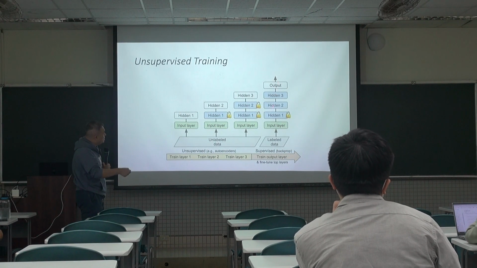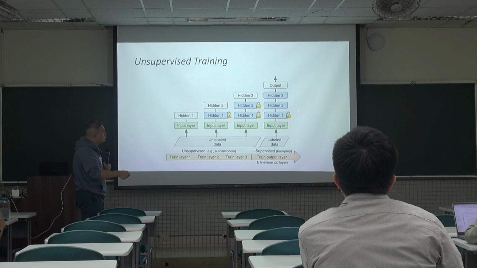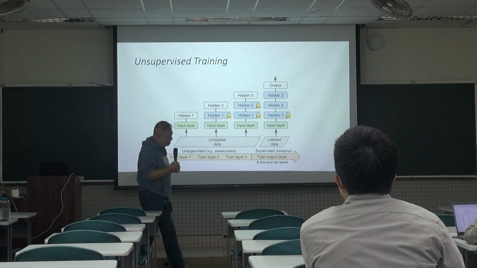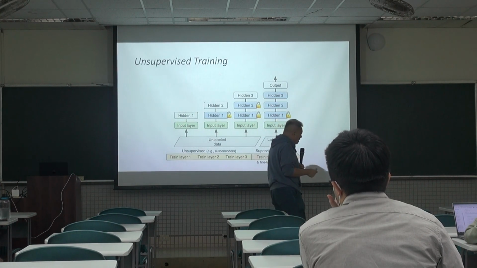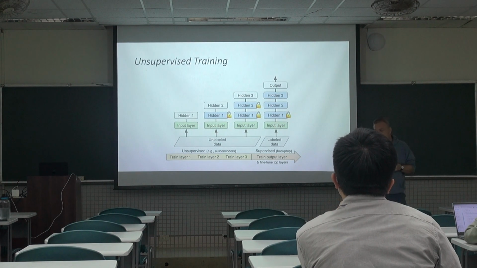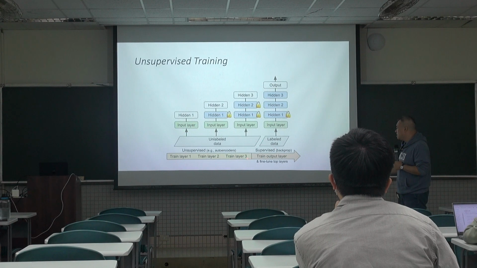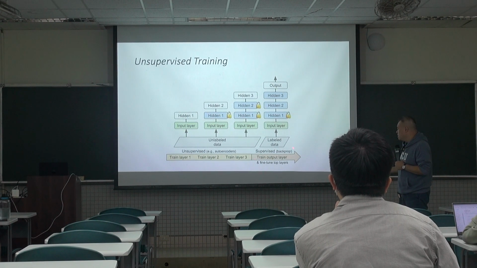Eventually, when you have enough layers, you are going to use a smaller learning rate and maybe unlock a couple of layers to fine-tune your model. This is when you are about to finish the training.